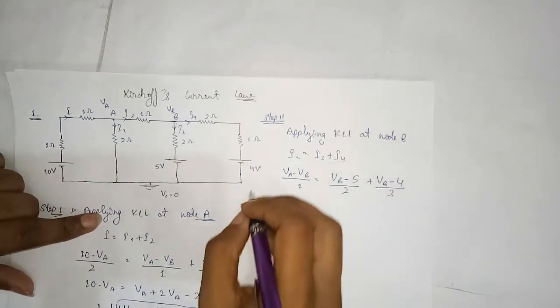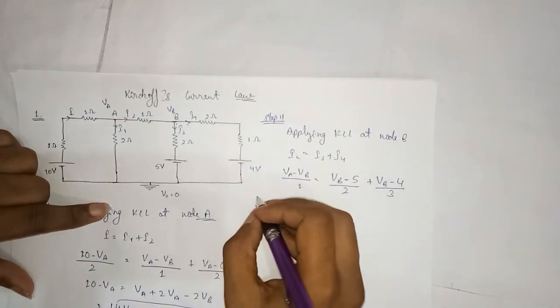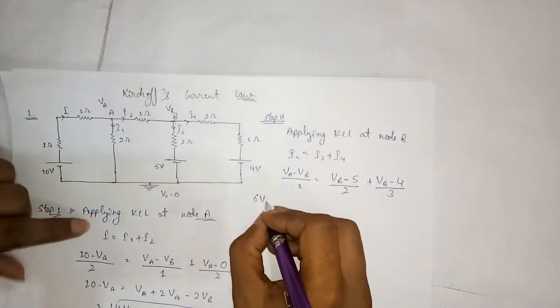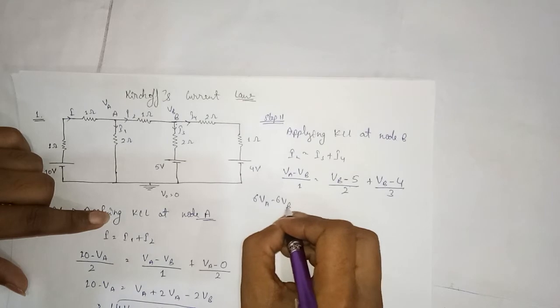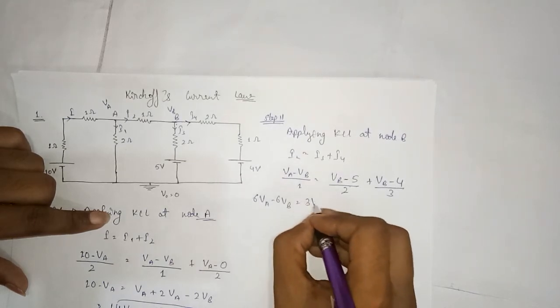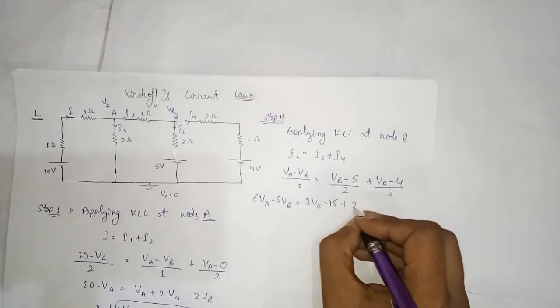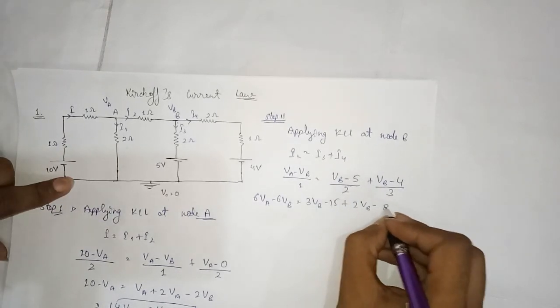Now solving this equation, on taking LCM we will get 6 VA minus 6 VB is equal to 3 VB minus 15 plus 2 VB minus 8.